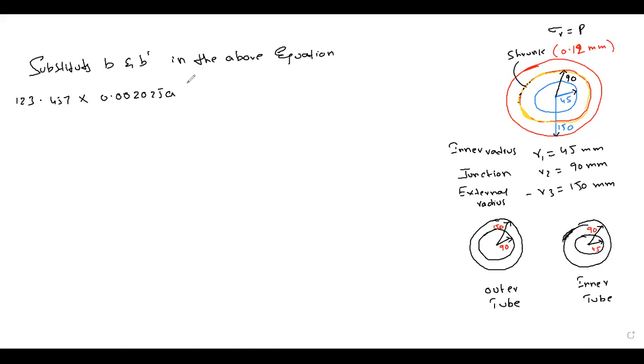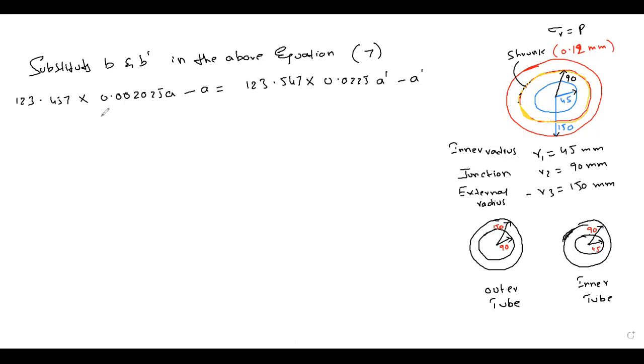Why? Because the b value is there, so we have to substitute in that equation. Which equation is it? The 7th equation. Minus a is equal to 123.547 into 0.0225 a dash minus a dash.